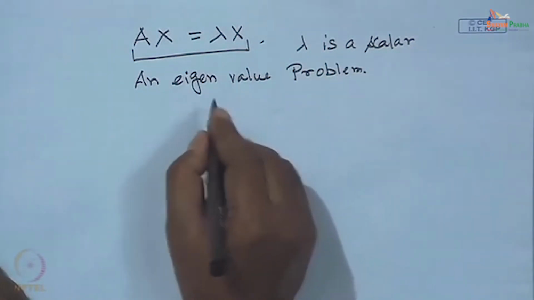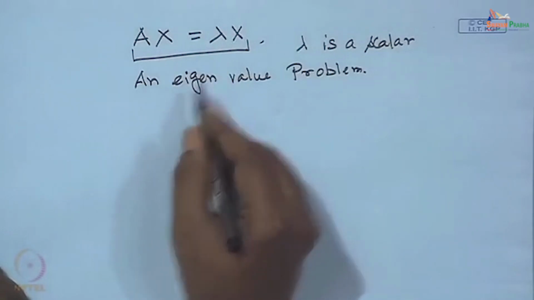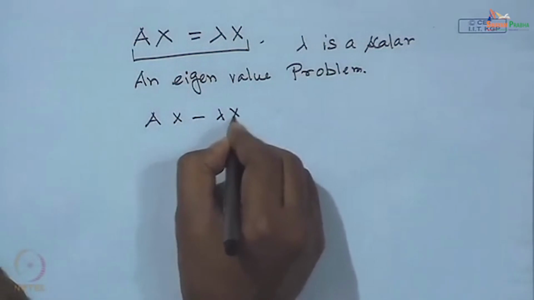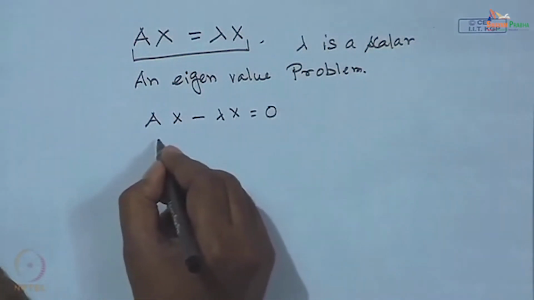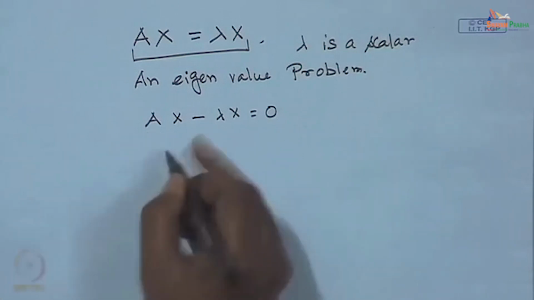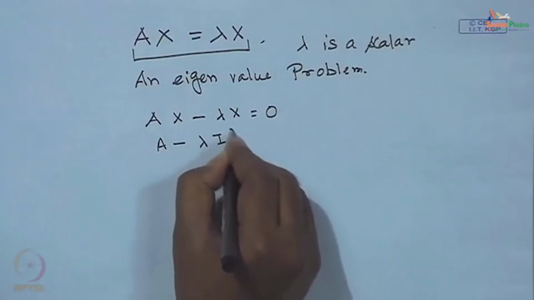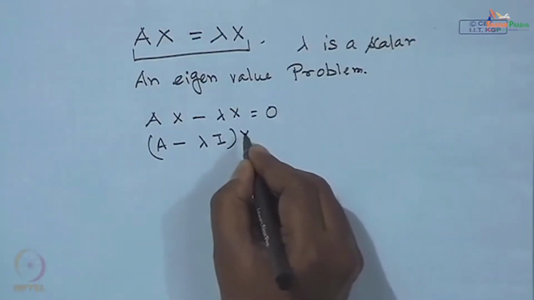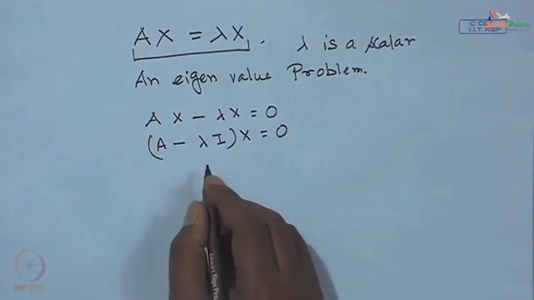If you bring lambda x to the other side, it becomes A x minus lambda x is equal to 0. So, we can represent it as (A minus lambda I) multiplied by x is equal to 0.